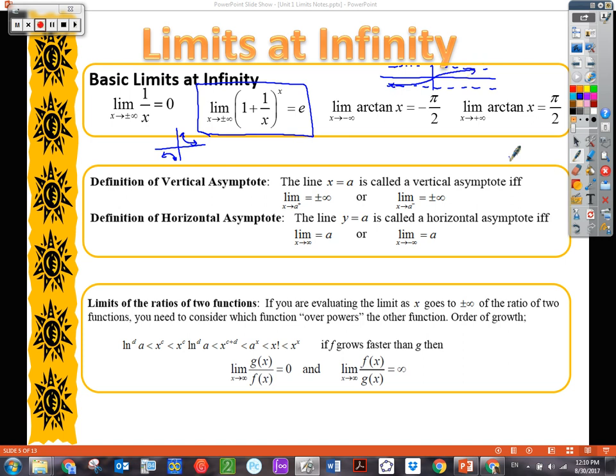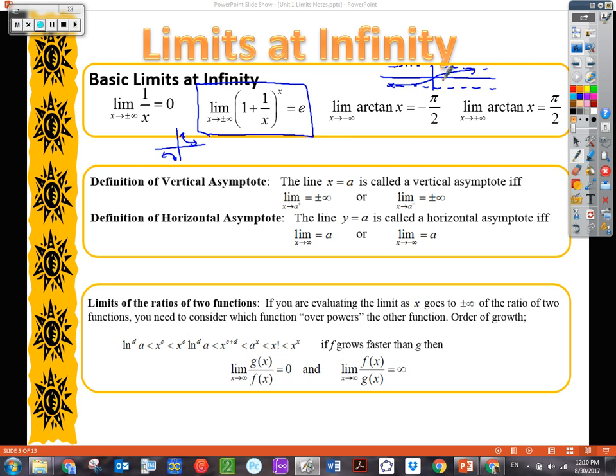So as the x values head to negative infinity, what happens is we approach the asymptote. This is the asymptote at y equals negative pi over 2, and this asymptote is at y equals pi over 2. So if the x values are headed to negative infinity, then our y value tends to negative pi over 2.